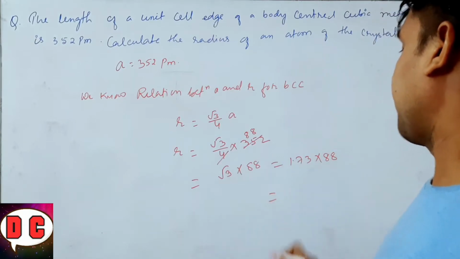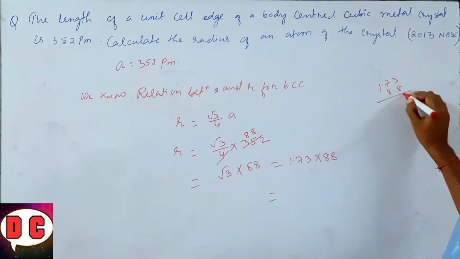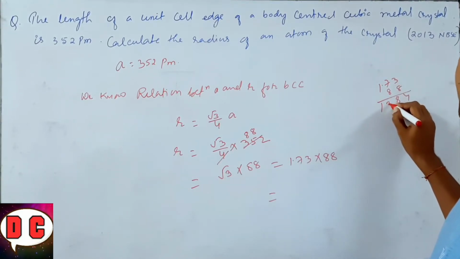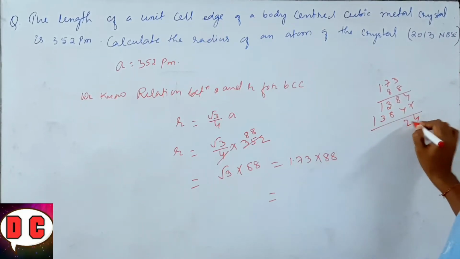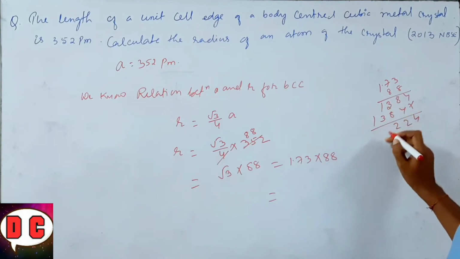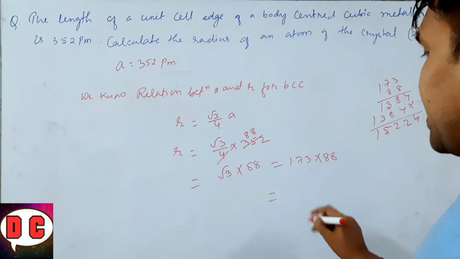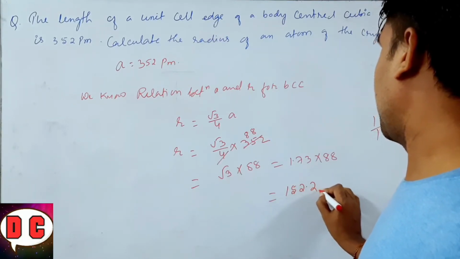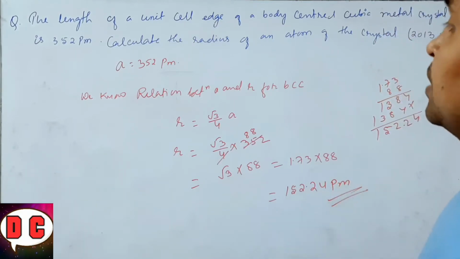If we multiply it, the decimal is after 2 digits, so we place it. So the radius comes to 152.24 picometer. So this is the answer for this question.